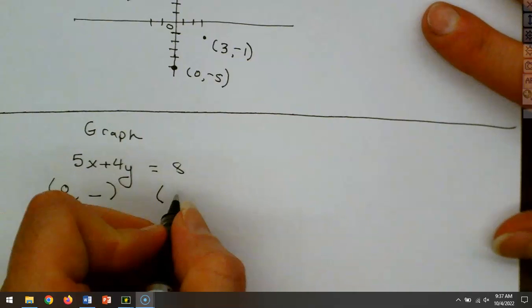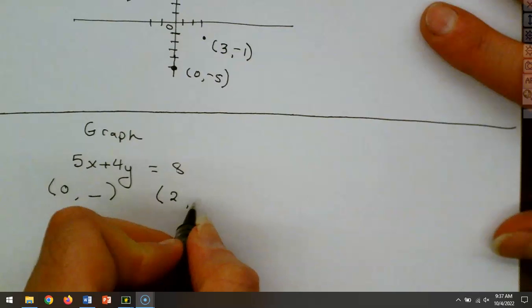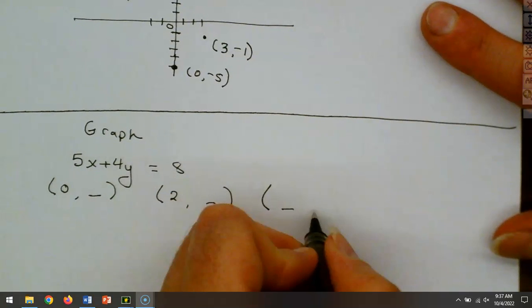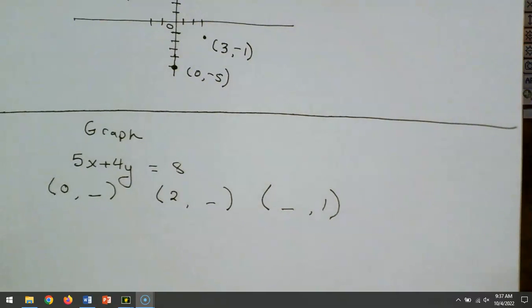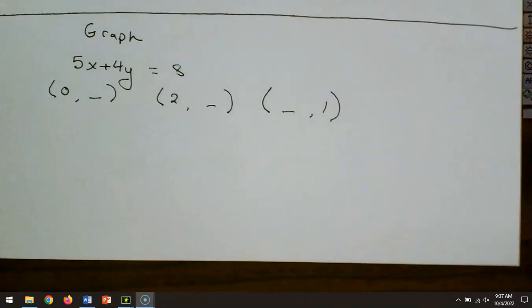How about 2, blank, and one more, how about blank, comma, 1. Right, so we're going to complete these ordered pairs, and we're going to graph this line. Now, when I say graph it, that means we connect them together. Now, when we go to graph a line, you'll need at least 2 points. You can have more than 2.